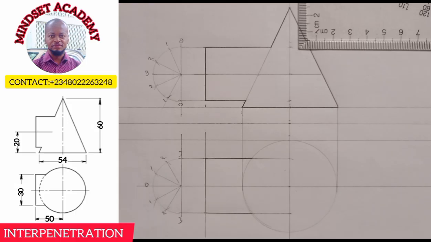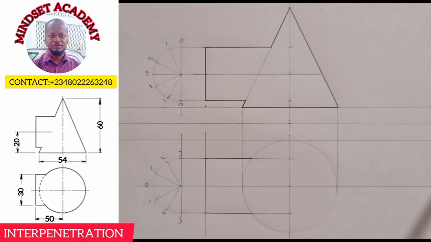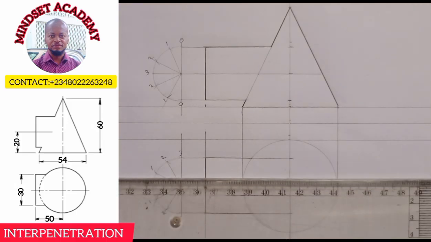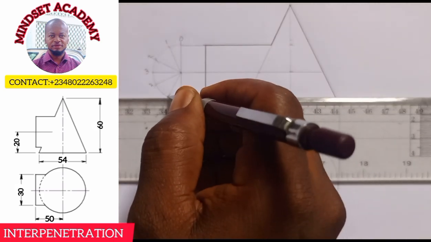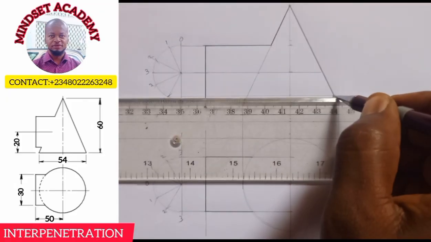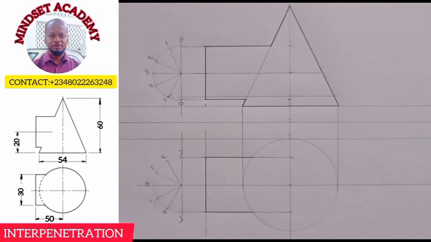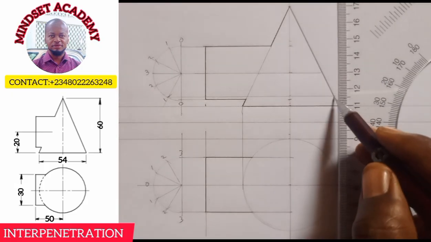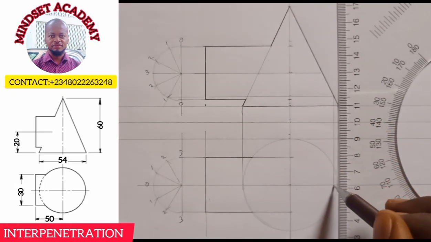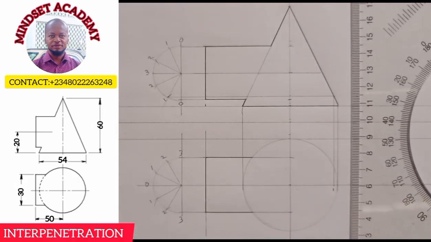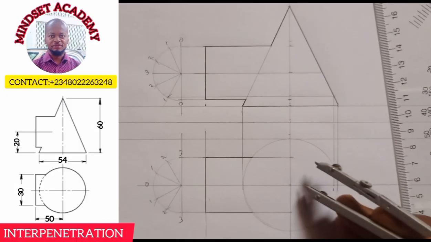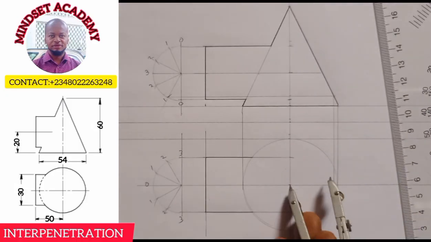So once I have done that, I am going to project each end, all these points, project point 1 to touch here, right? Then you bring down the one you projected down to touch here. So this is my point 1. So with the point 1, take your compass from the center to that point 1.